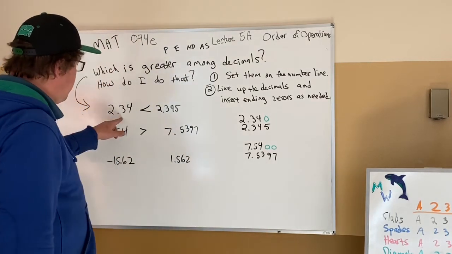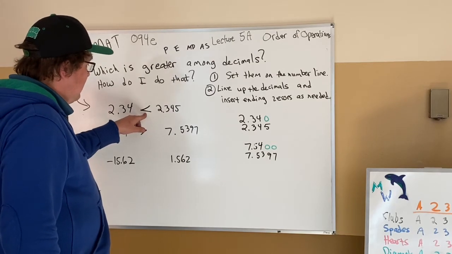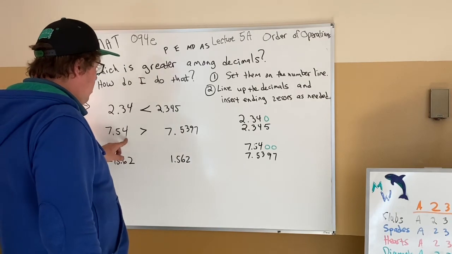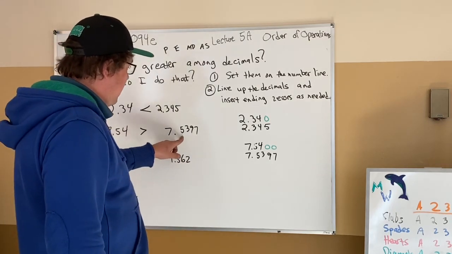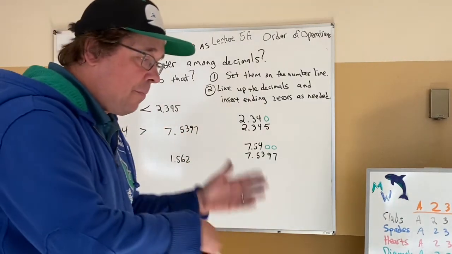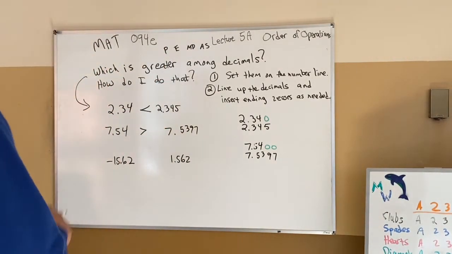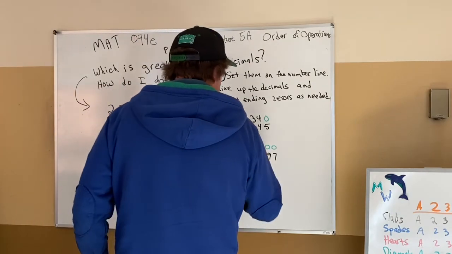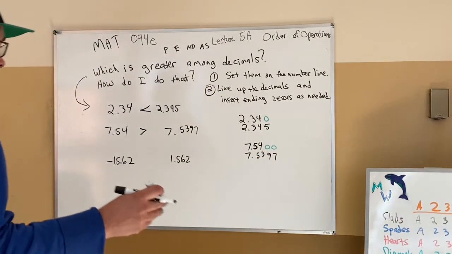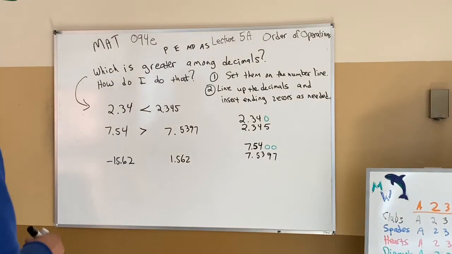This is saying 2.34 is less than 2.345. This one is saying 7.54 is greater than 7.5397. Even though that 97 might eventually round up in a lot of cases, there's no denying that 400 is greater than 397. So you gotta say, if there's a tie getting broken somewhere, you can see that.